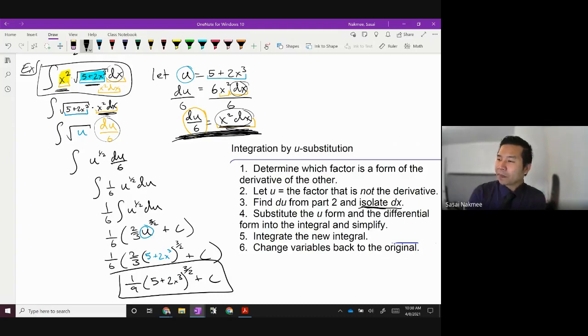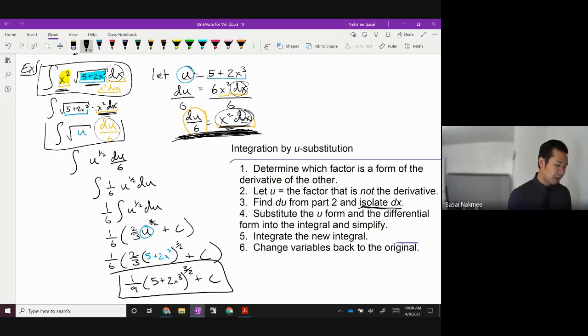Next one up, substitute the u form and the differential form into the integral and simplify. So basically substitute in the dx and substitute in the u into the original equation, and this is what you would end up with. Once you get to here, you should be able to integrate this new integral.